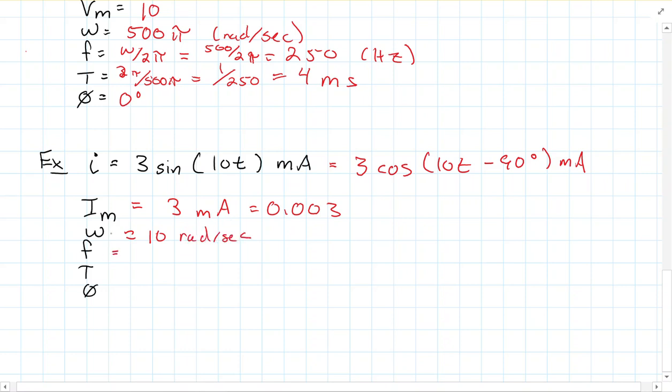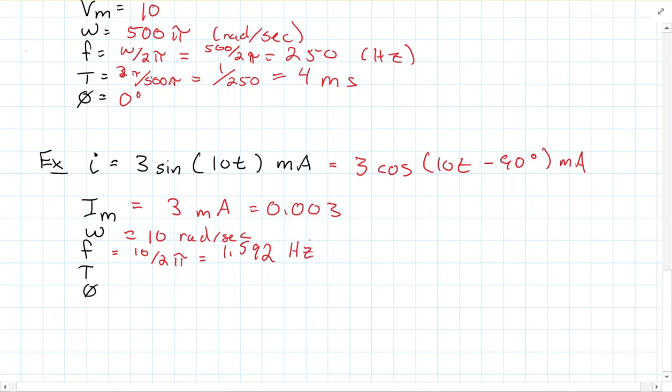And then the frequency would be 10 divided by 2 pi, which of course is not going to be a very pretty number. Rounding it to 3 decimal places, I get 1.592, and this would be hertz.